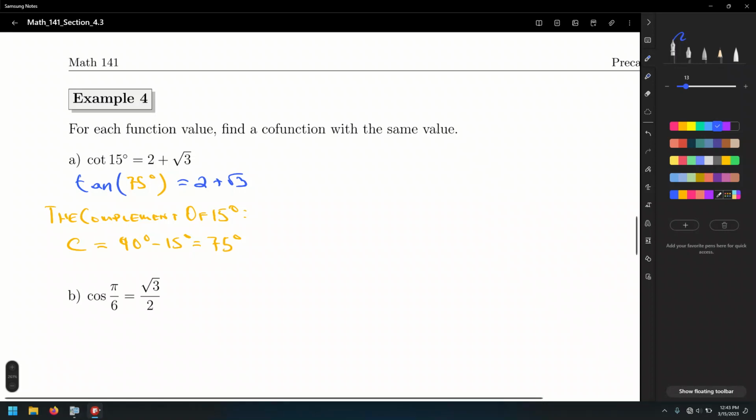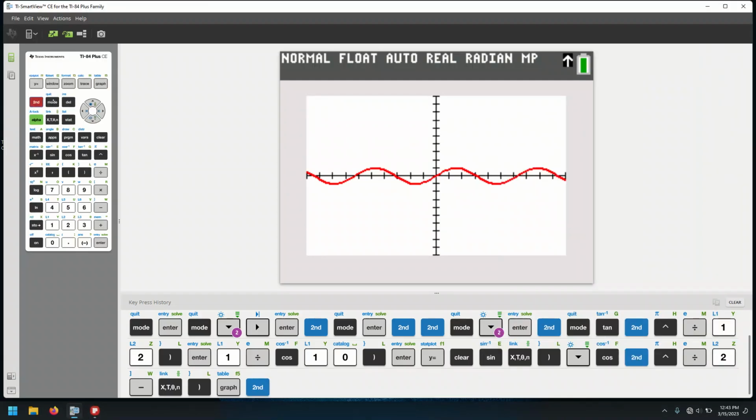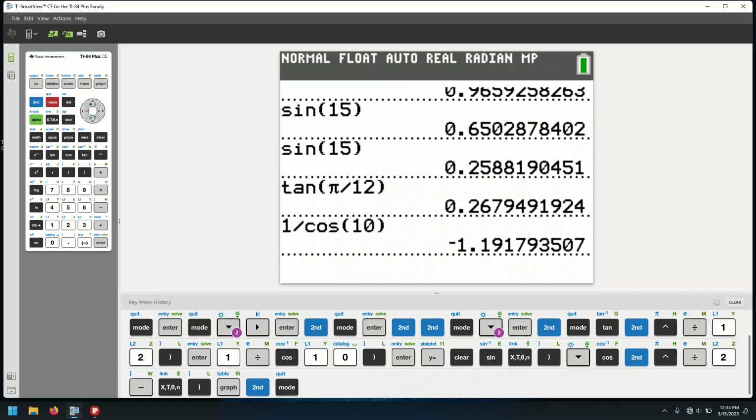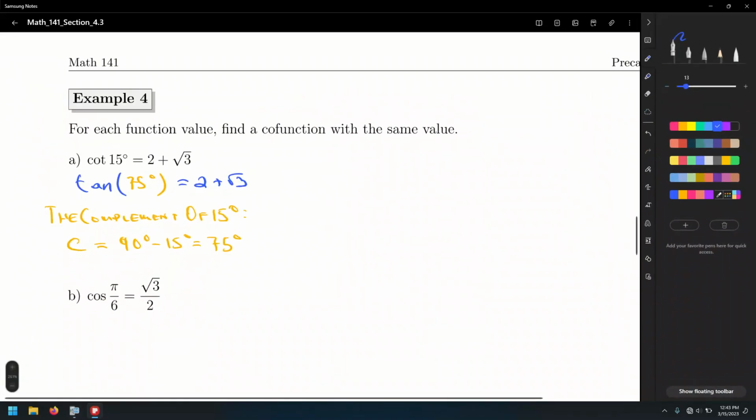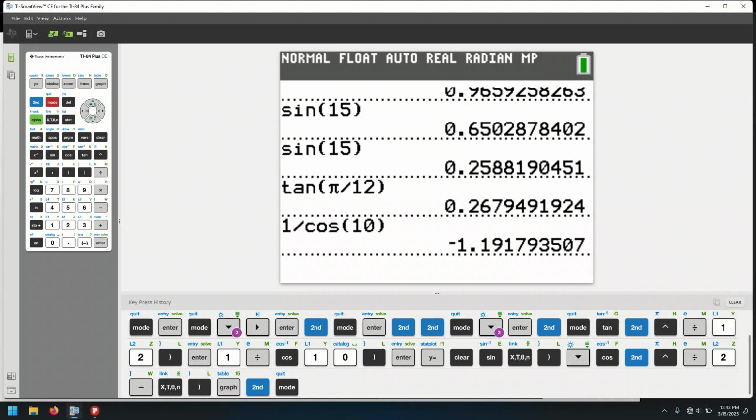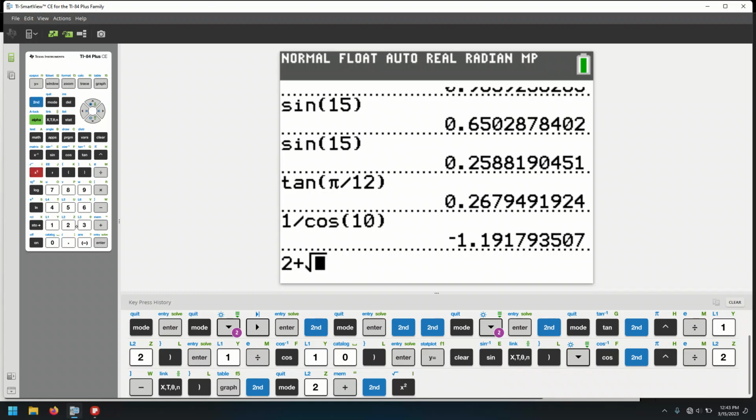All right. Let's do this on the graphing calculator to verify our results, because you can just write this down and just believe me, but let's just do it in the graphing calculator. Number one, I don't know what 2 plus root of 3 is, so let's evaluate that: 2 plus square root of 3, and click enter.